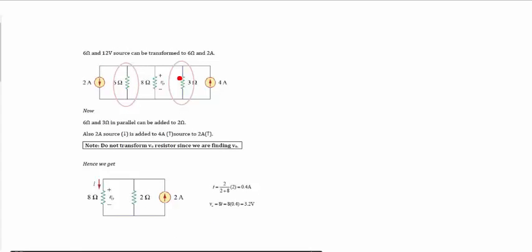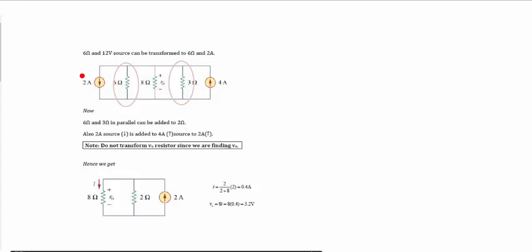Once that is done, you can see that the 6 ohm resistor and the 3 ohm resistor are in parallel, so you can add them. This current supply you have also got from the formula V is equal to IR. So source transformation mostly uses V is equal to IR and your basic knowledge of how to transform from one form, a voltage source in series with a resistor, to a current source in parallel with the resistor, or vice versa.